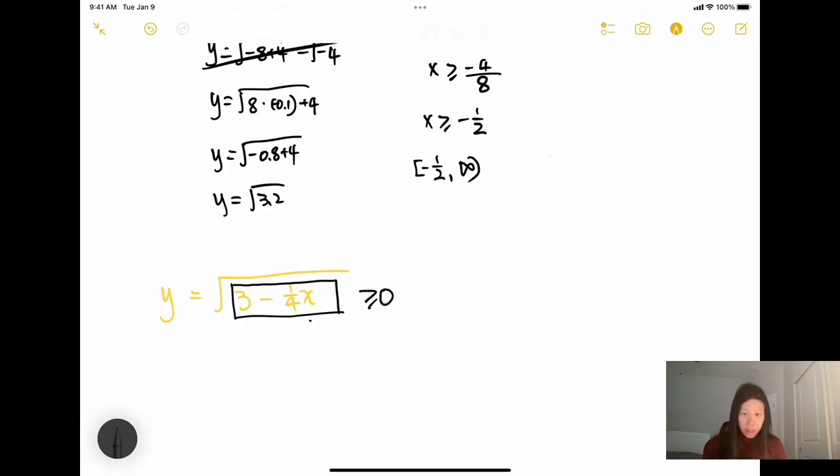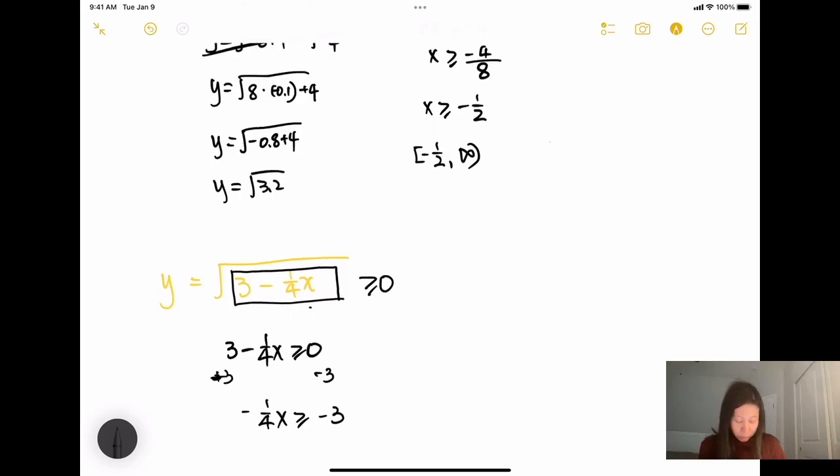Then the function is going to be defined. So I have 3 minus 1/4 x greater than or equal to 0. And now we solve for x. We subtract 3 on both sides. So I have negative 1/4 x greater than or equal to negative 3.